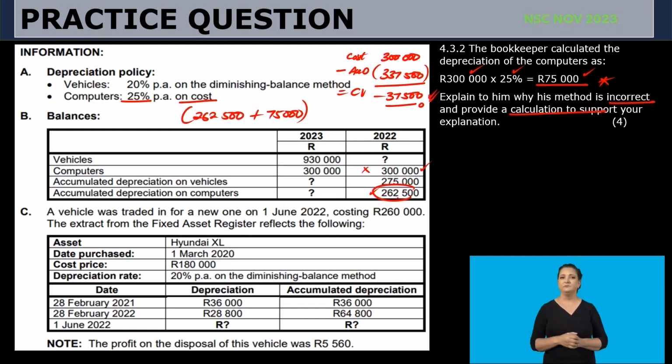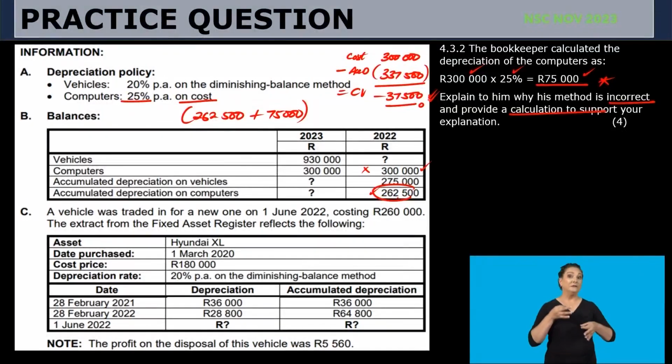Now, we have proved that that particular calculation is incorrect. So, explain to him why his method is incorrect and provide a calculation. We've provided a calculation to show that we can end up with a negative amount. All right.